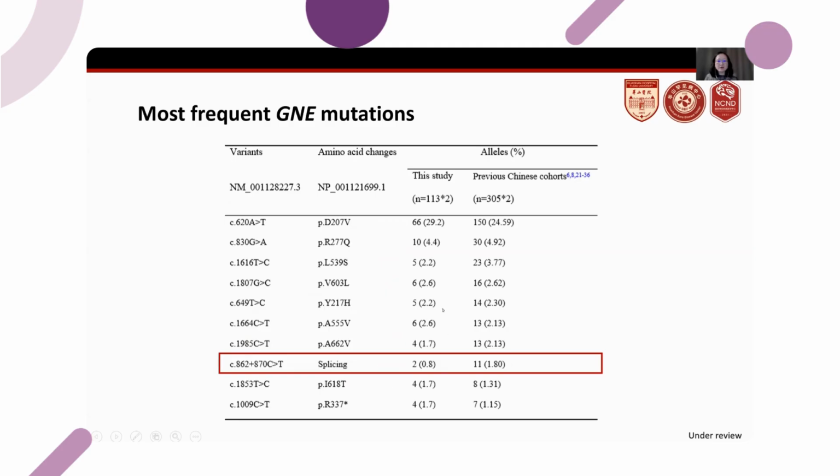In this cohort, we found 2 more patients with the DIV mutation. This leads to DIV ranking in the top 10 variants in our cohort. And the most frequent mutation in the Chinese population, as previously reported, is still the D207V mutation, which comprises about 1/4 of all alleles.